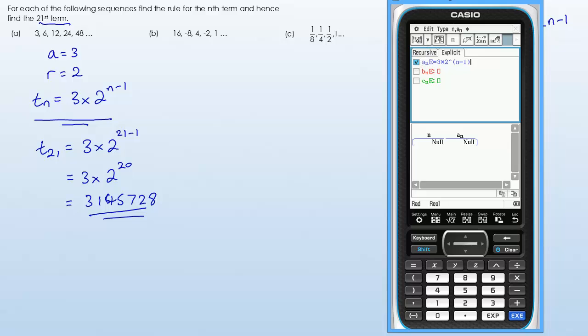And then we could generate the sequence below. Now this time I've got the sigma turned on, but remember, if you want to turn that off, it's just there. Let's regenerate the sequence without it. So we're wanting the 21st term. So here it is. Just click on there, and then we've got 3,145,728.